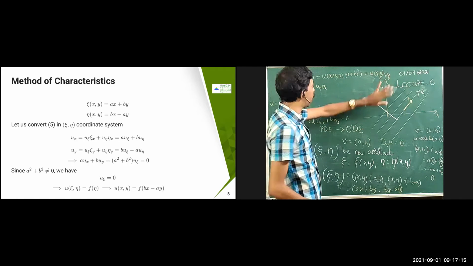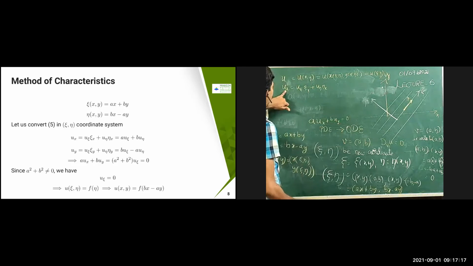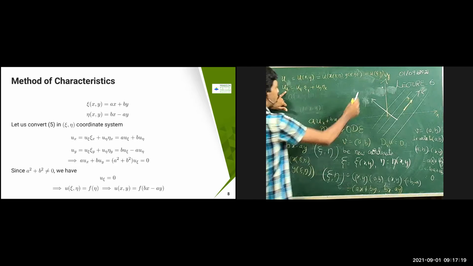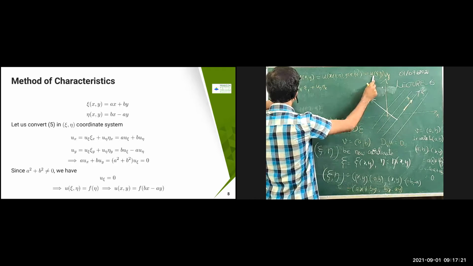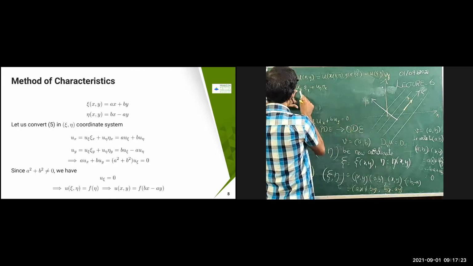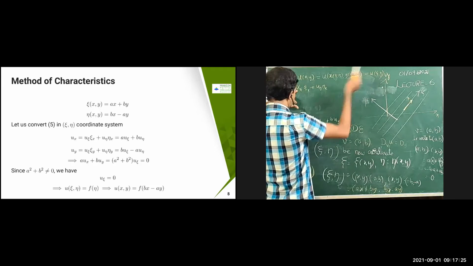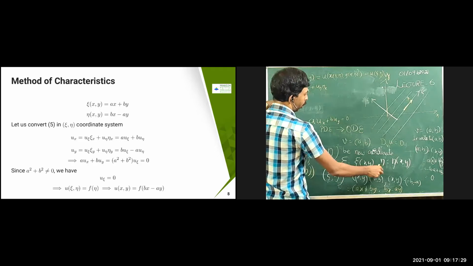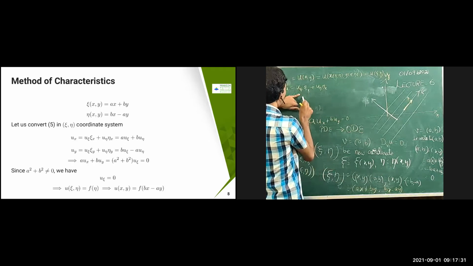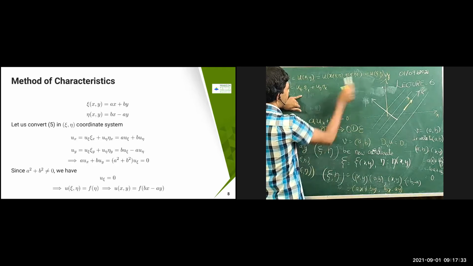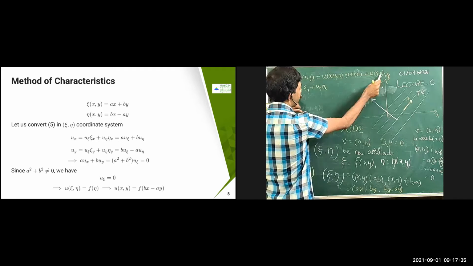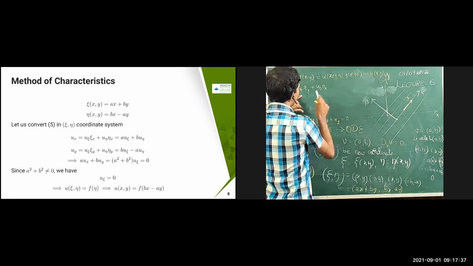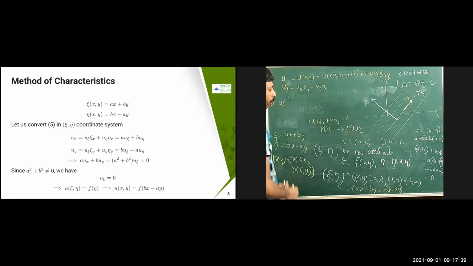Now if I want to find ux, in order to find ux I'm taking the derivative here. So u chi is going to come, but chi is once again a function of x comma y, and eta is a function of x comma y. So u chi chi x, and similarly the second one, eta is also a function of x comma y. Therefore u eta eta x is going to come.